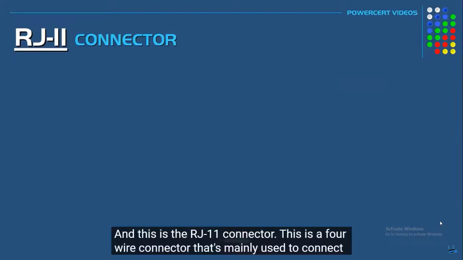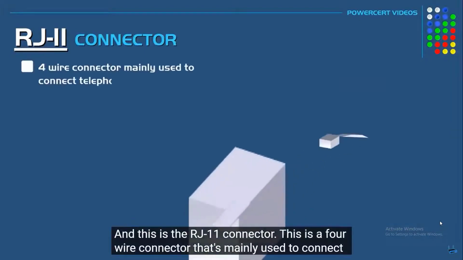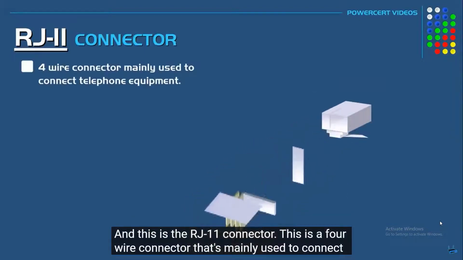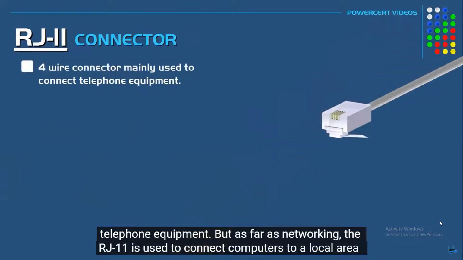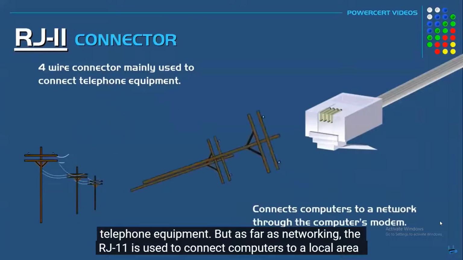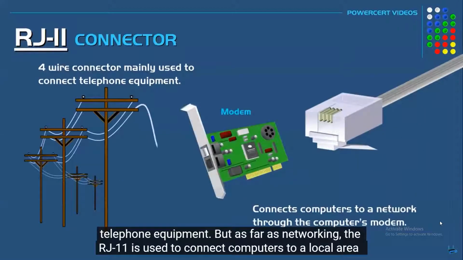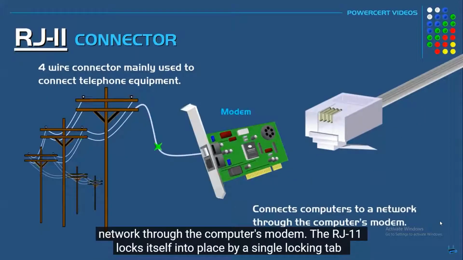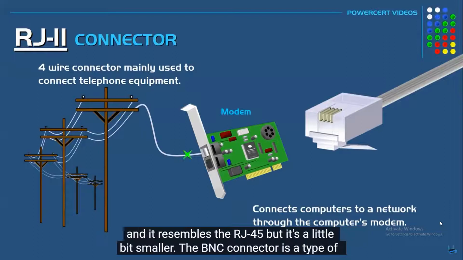And this is the Rj11 connector. This is a 4-wire connector that's mainly used to connect telephone equipment. But as far as networking, the Rj11 is used to connect computers to a local area network through the computer's modem. The Rj11 locks itself into place by a single locking tab, and it resembles the Rj45, but it's a little bit smaller.